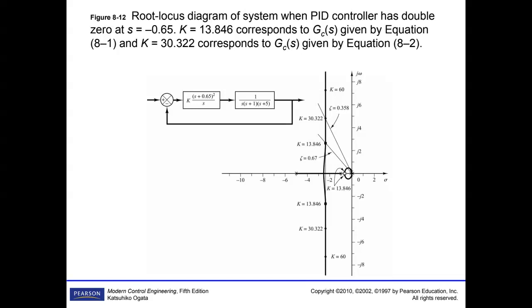So when you increase k, poles are moving in this way and ends up here, and also starting that -1, that's starting -5. So 2.5 is the one.